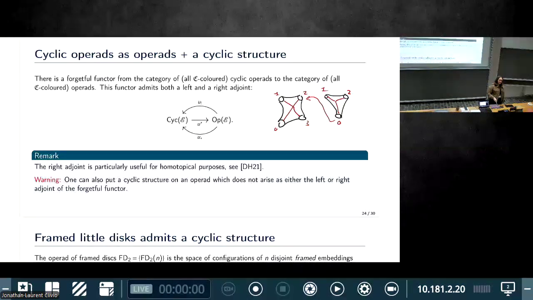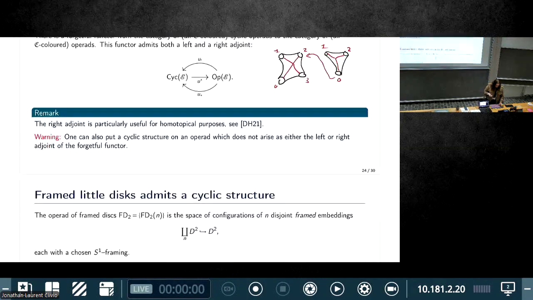The right adjoint is really great if you haven't seen it. It's kind of interesting. You just add only the cyclic permutation. The left adjoint is that you freely add all of the cyclic permutations. So that's certainly one way. So you have an operad you would like to think about as a cyclic operad, you could just hit it with an F, right? But whether it will be the right thing is something to play with.